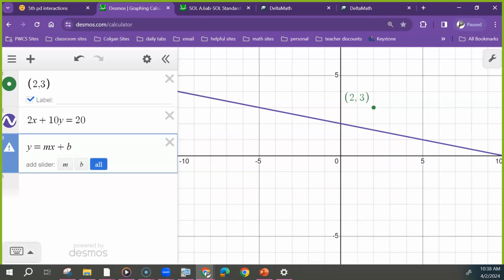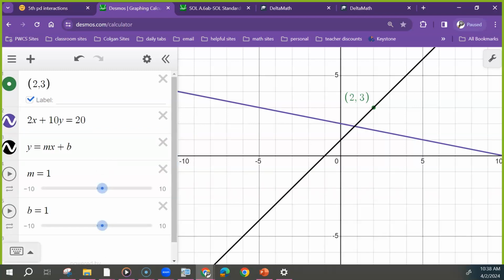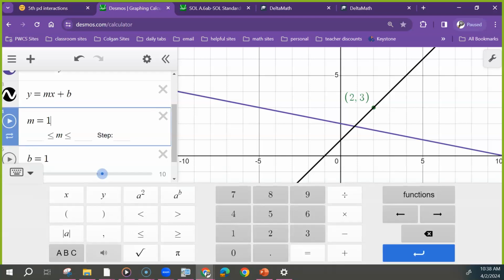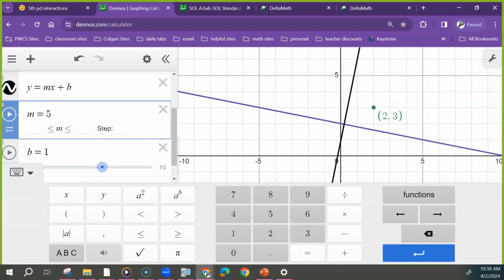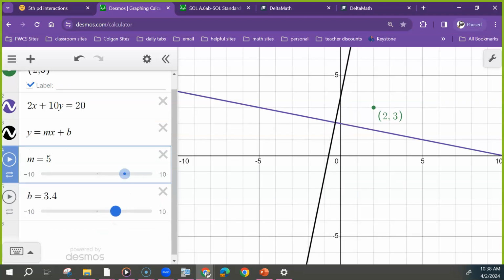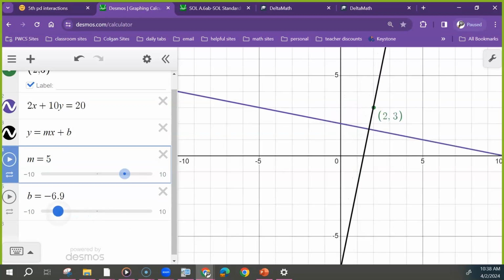Add in all my sliders. Change my m to be the negative reciprocal of negative 1/5, so positive 5 over 1, or just positive 5. And then move the b value until it goes through that point. At negative 7.